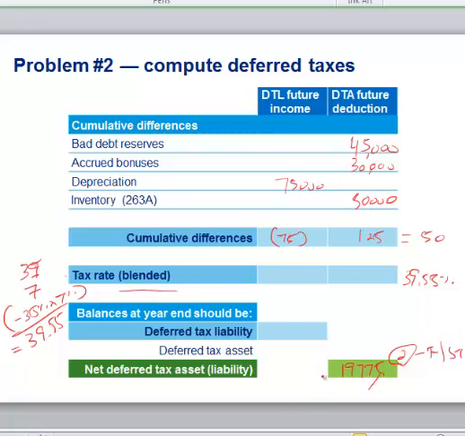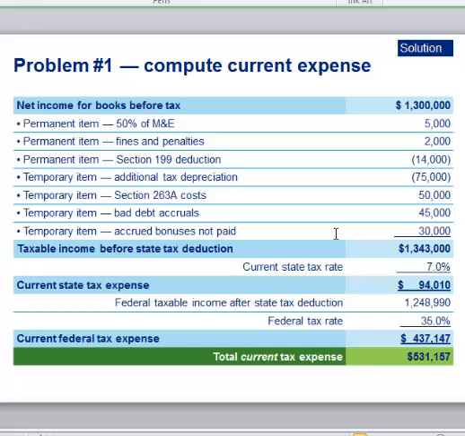Right? So step 1 was to debit expense for 531, credit payable for 531, right? That's what this is.